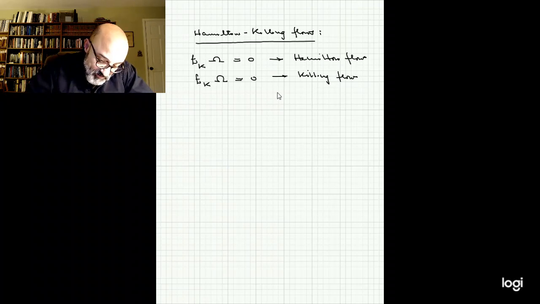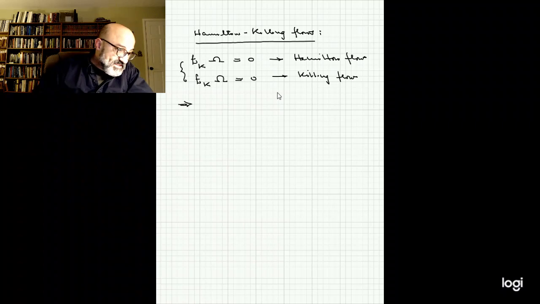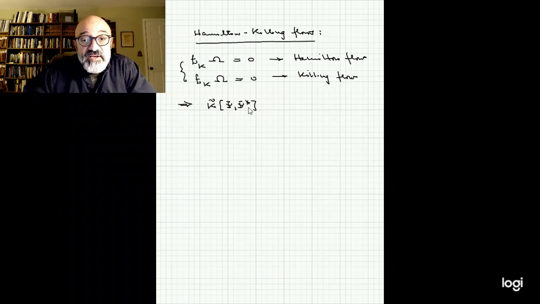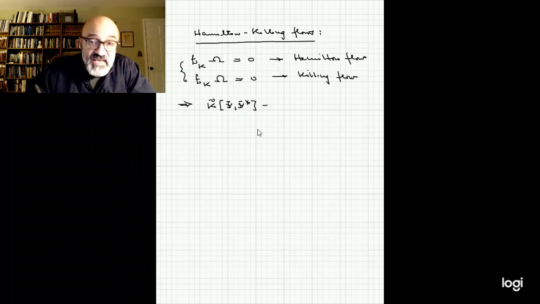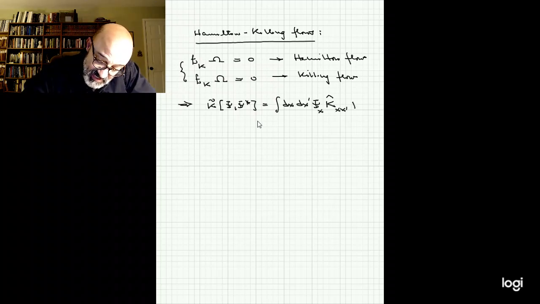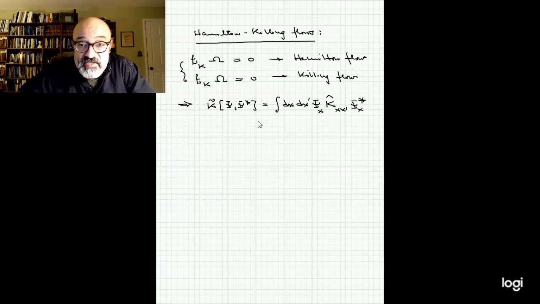And the result of imposing both was that the Hamiltonian functionals, which are a function of psi and a functional of psi star, have to be linear in each one of these independently, and that forced it to be something that contained psi x, a kernel, which is really an infinite dimensional matrix, and then psi x complex conjugate.